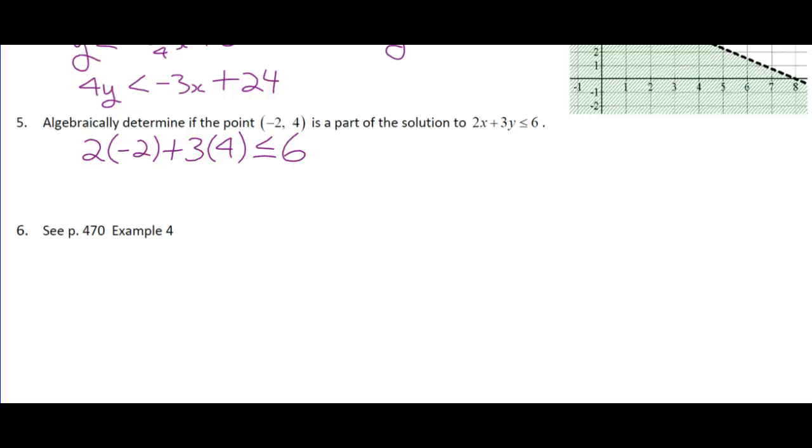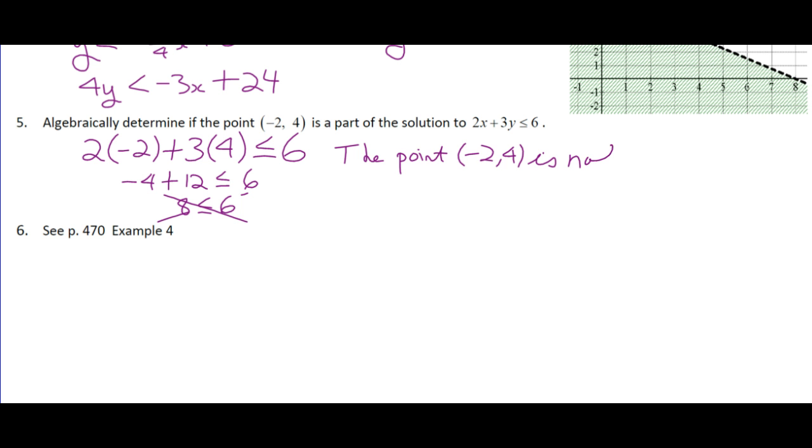Because what do we end up with? Well, we've got negative 4 plus 12 is less than or equal to 6. 8 is less than or equal to 6. And that's not true. So the point negative 2, 4 is not part of the solution.